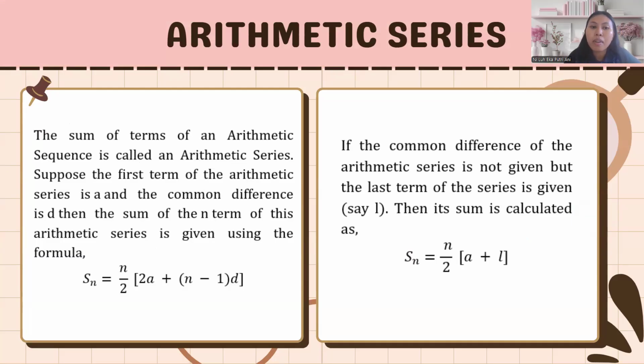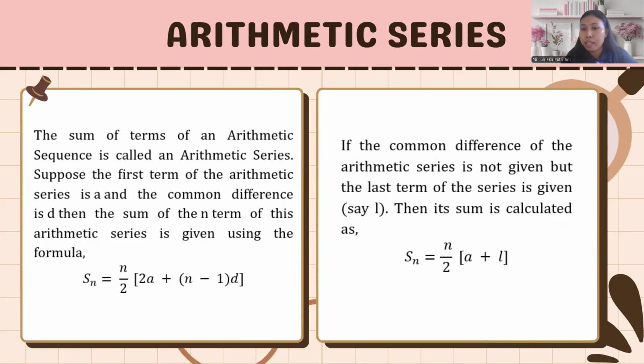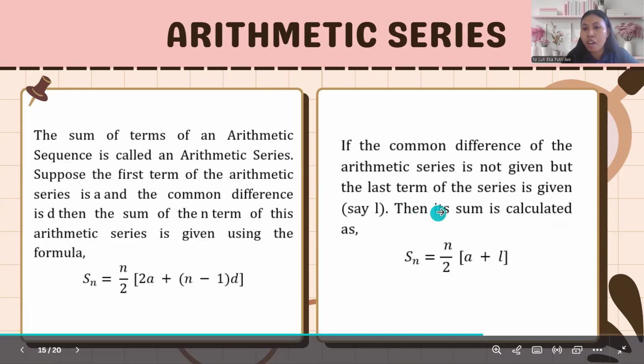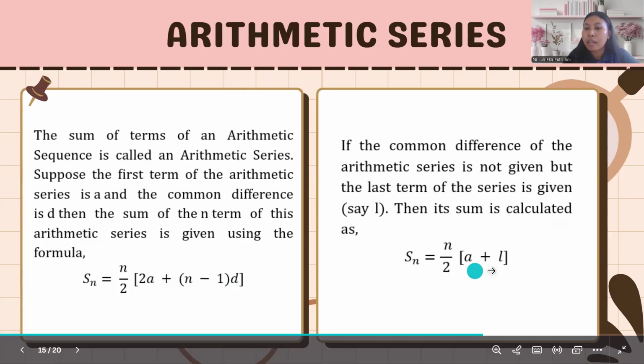Suppose the first term of the arithmetic series is A and the common difference is D, then the sum of the n terms of the arithmetic series is given by the formula S sub n equals n over 2 times the quantity 2A plus n minus 1 times D. If the common difference is not given but the last term of the series is given, say L, then its sum is calculated as S sub n equals n over 2 times A plus L.